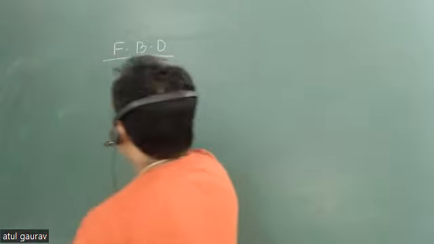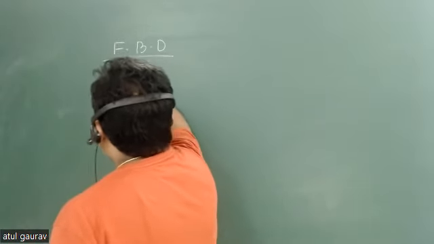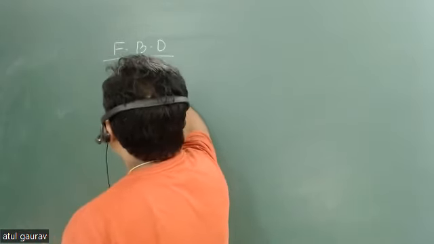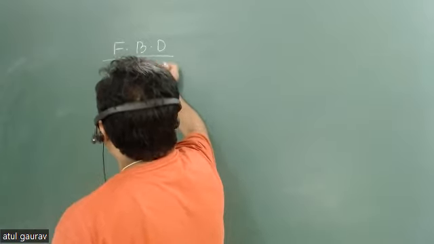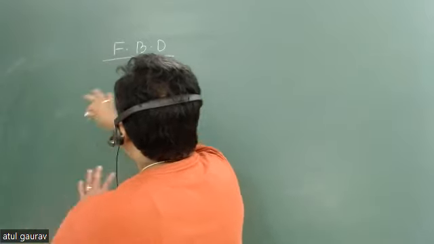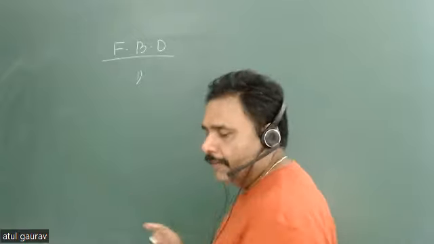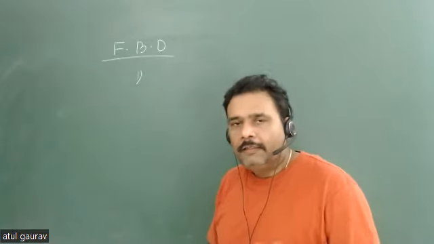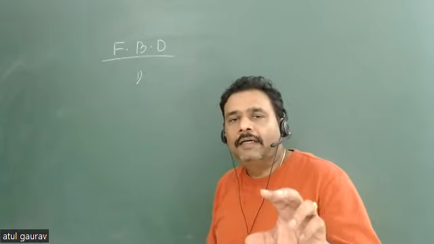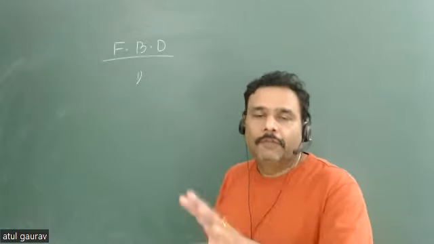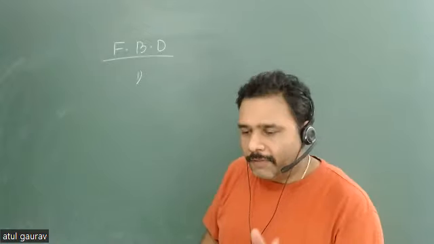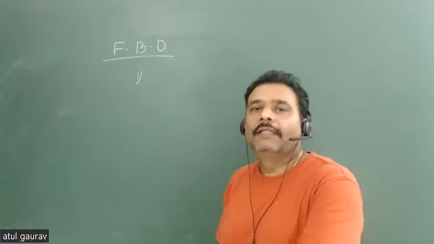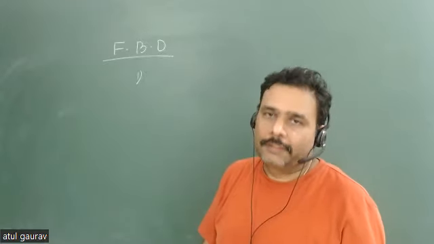First of all, free body diagram means you have to make all the particles free, and then you have to write all the forces on each individual particle. Whatever forces act on another particle have nothing to do with the first particle.